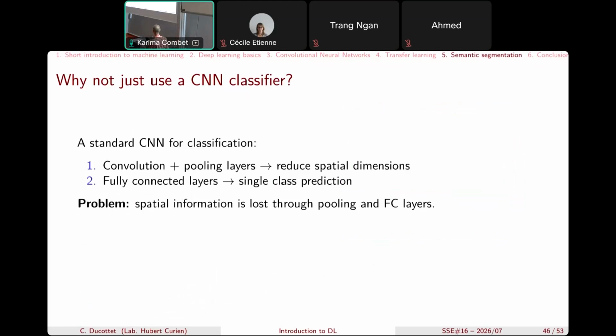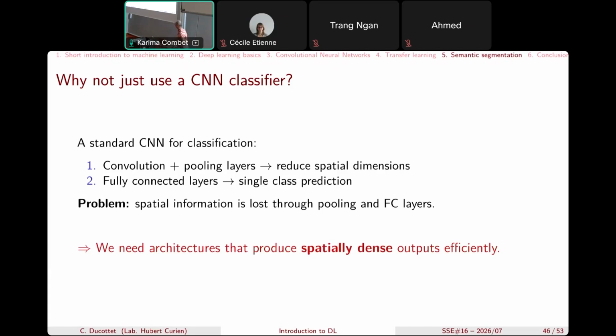A standard convolutional network for classification has some convolutional layers with pooling, which reduce the spatial dimension and increase the channel dimension. Then we have fully connected layers, and we have a single class prediction. So we lose the spatial information that was initially in the image.